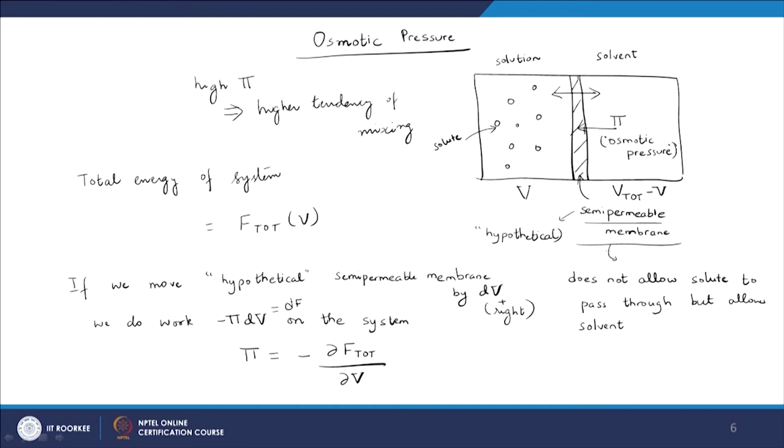So, now let us think of what f dot is. So, we have two sides of the chamber.